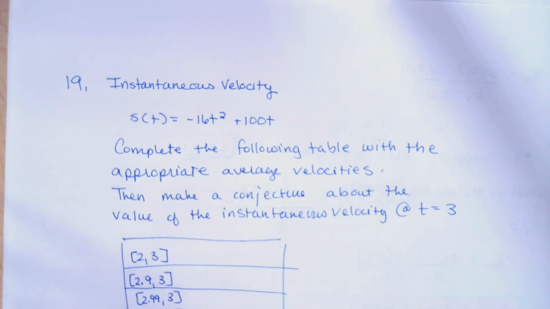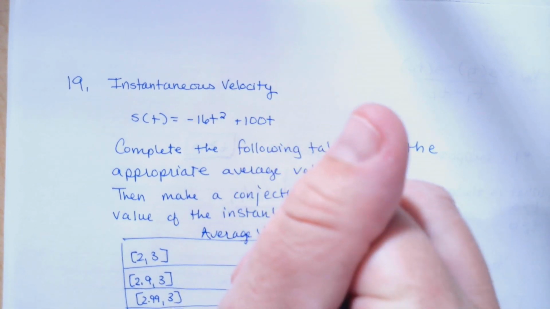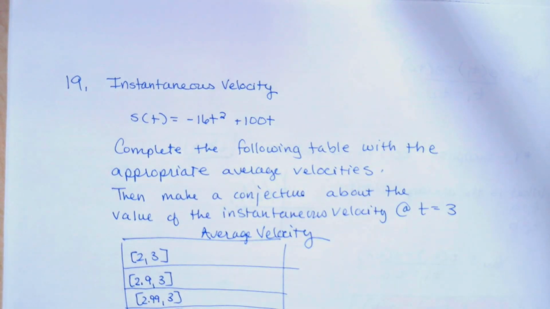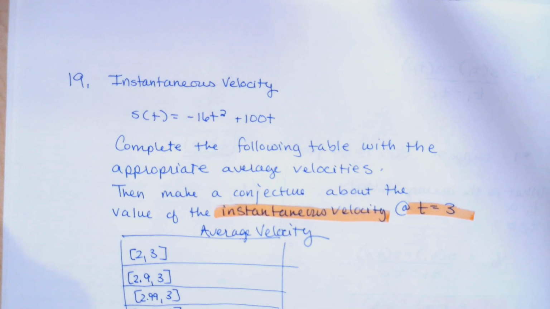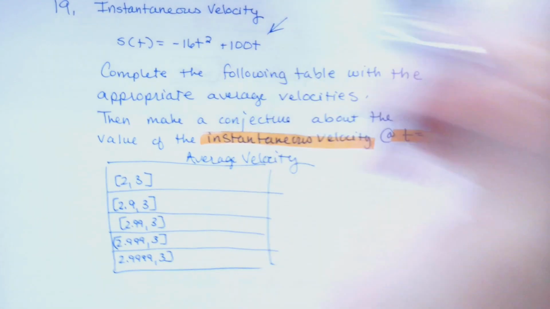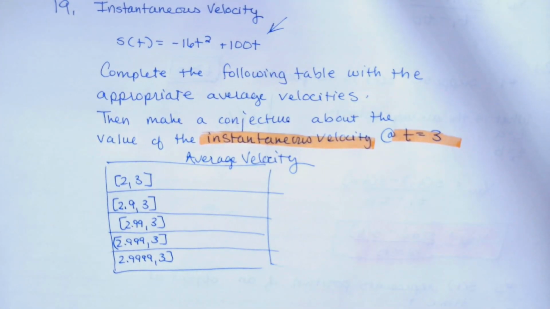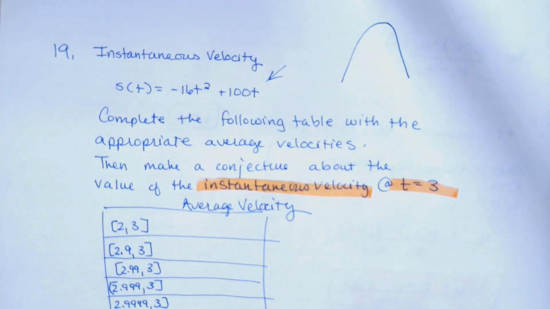Here we're going to find the average velocity, and we are actually interested in the instantaneous velocity at time equals 3. We have this function here. If I were to graph this, we would get some kind of upside down parabola, and I know that because we have this negative out here.